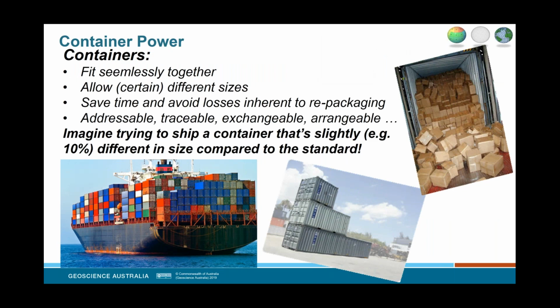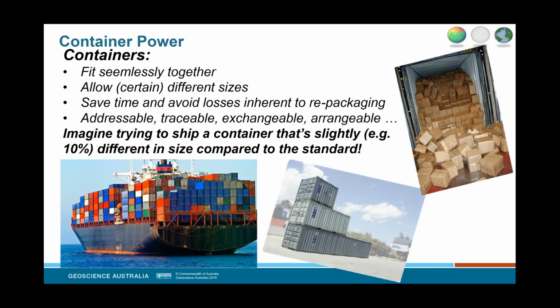And the reason is that the containers on a ship fit seamlessly together. They come in different sizes that are consistently scaled so that they fit together at multiple scales. They save time and avoid losses due to incoherent packaging. So everything is nicely organized and referenced.